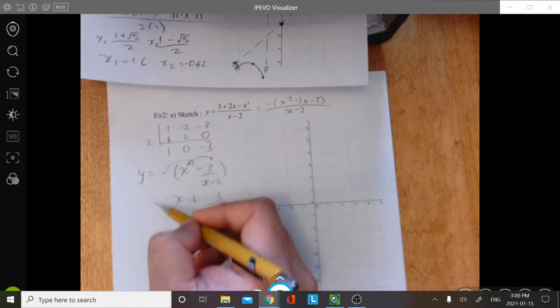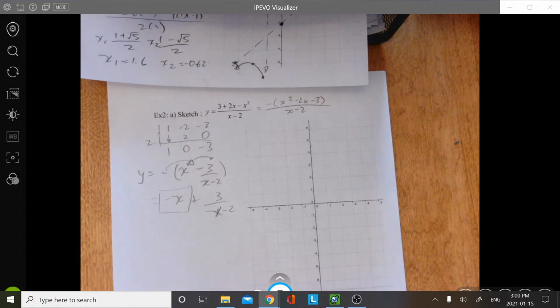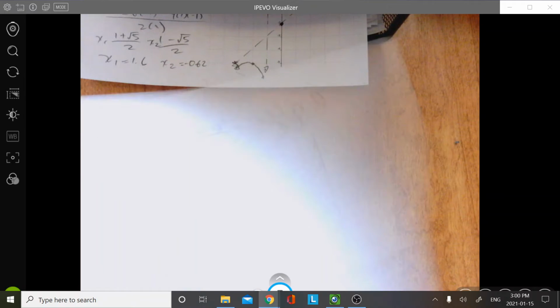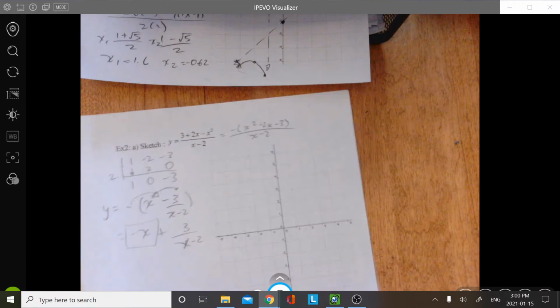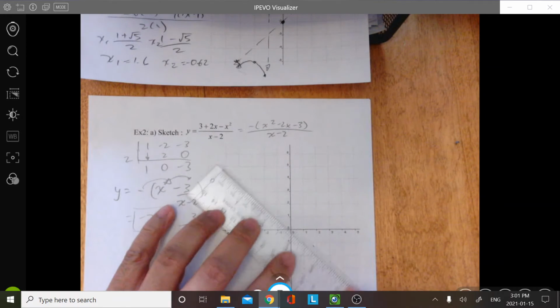Okay, and again, after synthetic division, this becomes the equation of my asymptote.